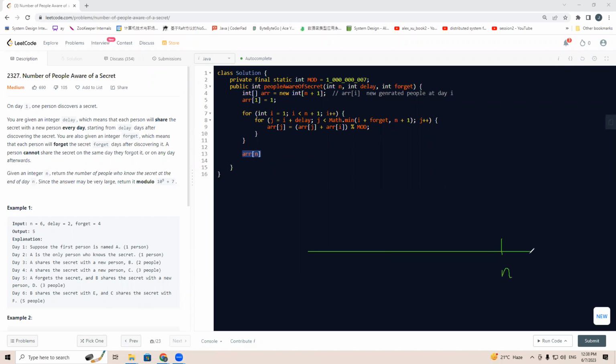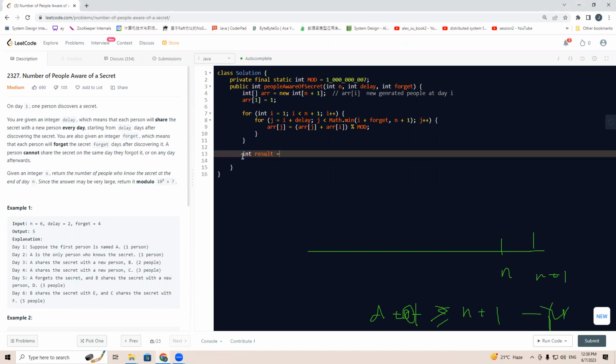For those, the forgetting day is i plus forget, which should be greater than or equal to n plus 1, right? So that is i plus forget greater than or equal to n plus 1.